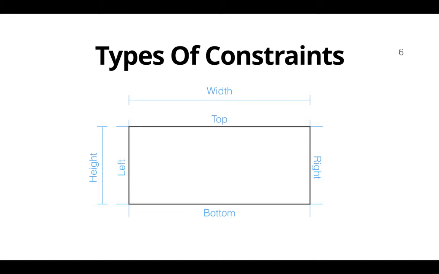No surprise there. But there is something special right here. We also have a leading and a trailing constraint. Now you might ask yourself, what the hell is that? We just had the left and the right constraint. Isn't that exactly the same? Yes, kind of.